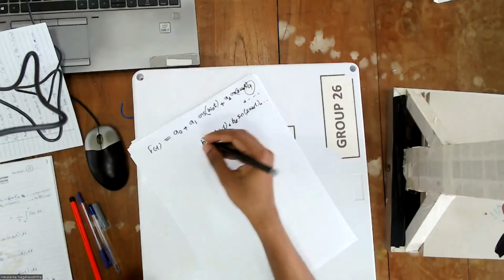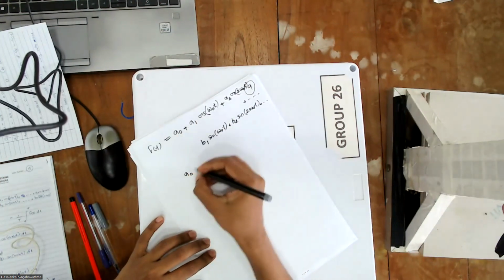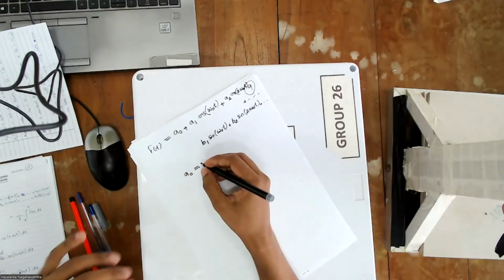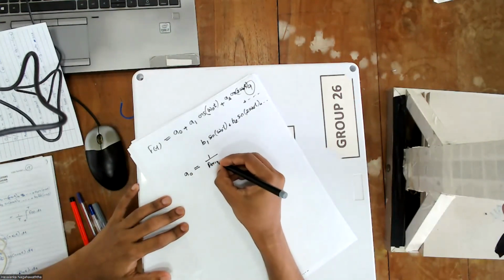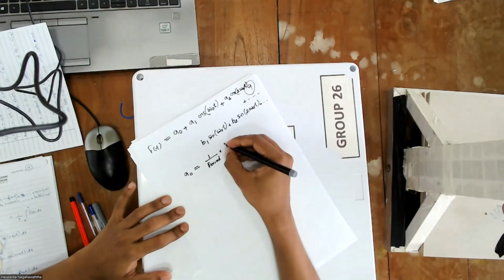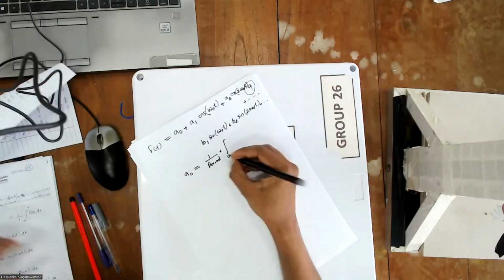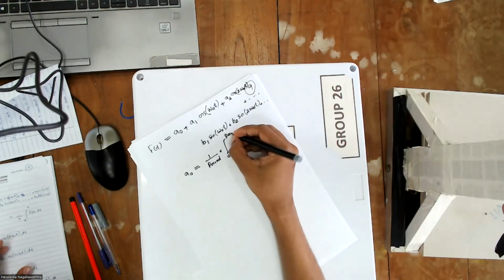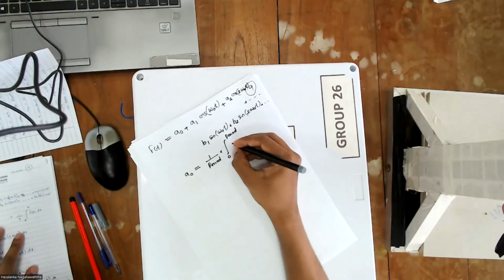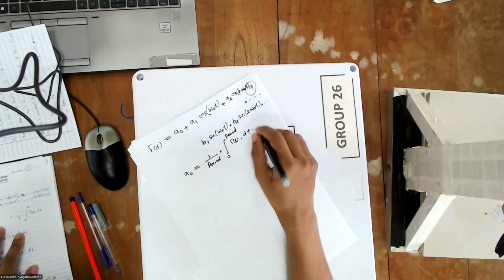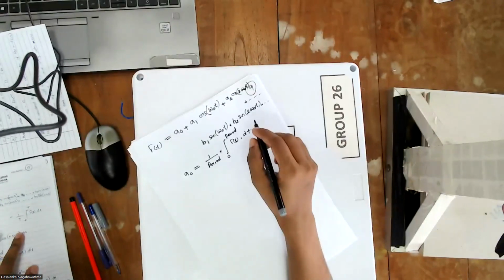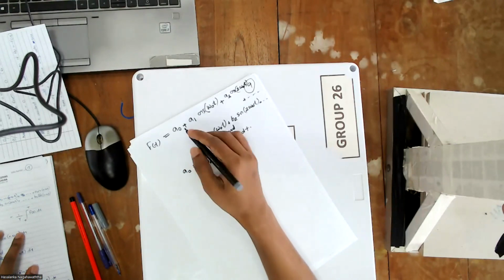Here for A naught, you have an equation: 1 over the period of the signal multiplied by the integral from 0 to the period of f(t) dt. If you calculate this one, you should be able to receive the A naught coefficient.